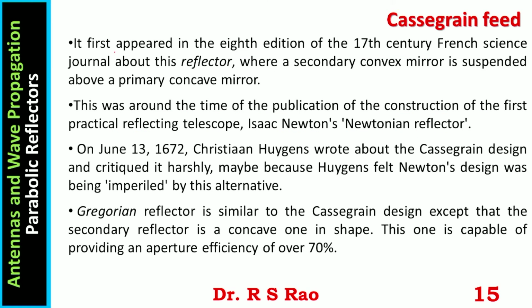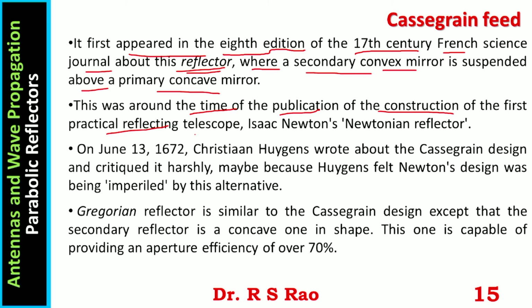This system first appeared in the 17th century in a French science journal, describing a reflector where a secondary convex mirror is suspended above a primary concave mirror. This was around the time of the publication of the construction of the first practical reflecting telescope, Isaac Newton's Newtonian reflector.